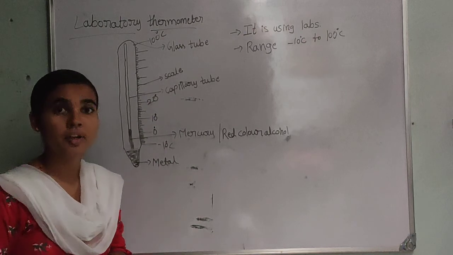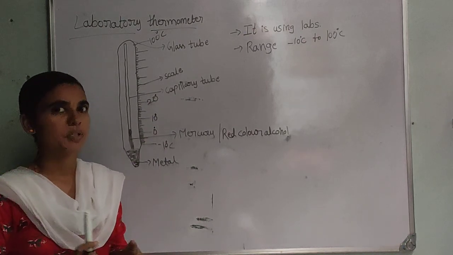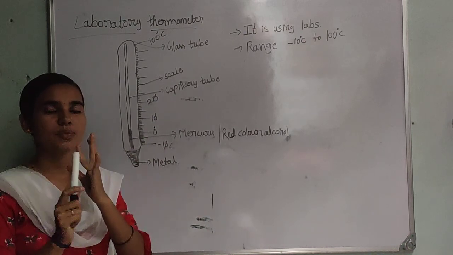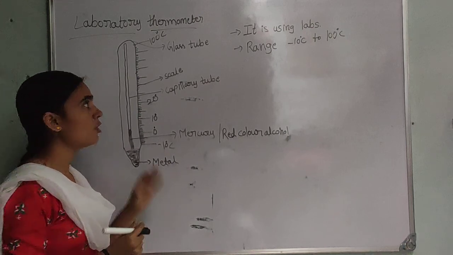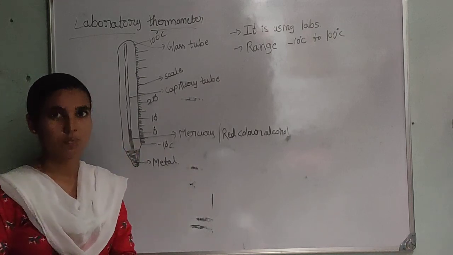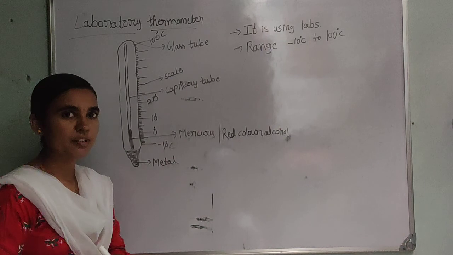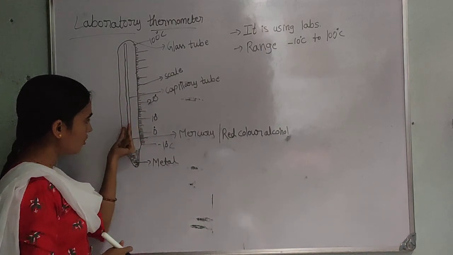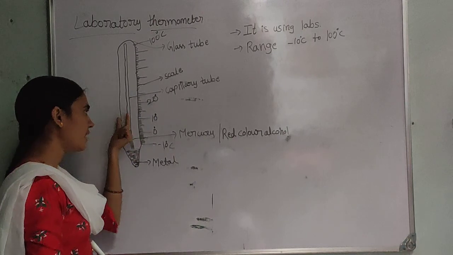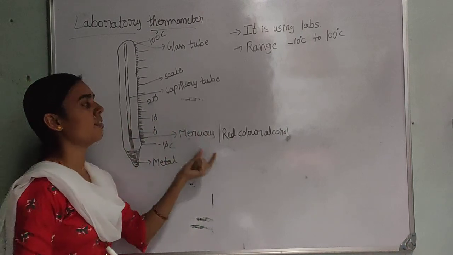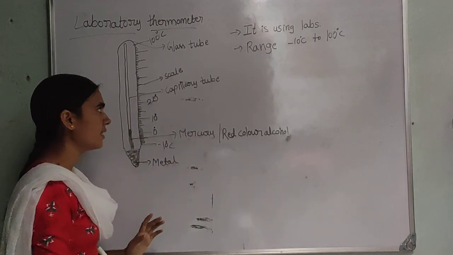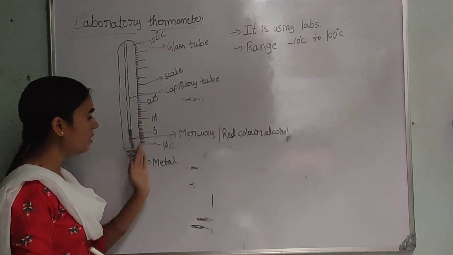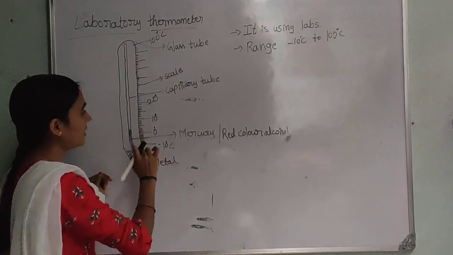So we already know that temperature is measured in three units: degree Celsius, Fahrenheit and Kelvin. So this is about the construction. What is the construction? A laboratory thermometer is a cylindrical glass tube. In that glass tube you have a capillary tube. That capillary tube is filled with a liquid, that is mercury or red colored alcohol, and we have a scale.